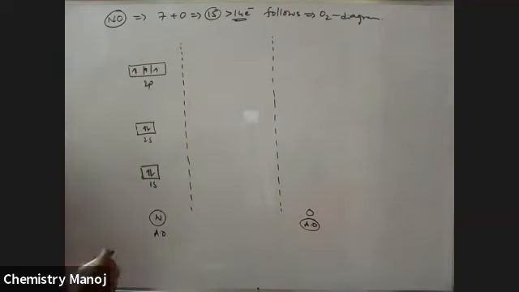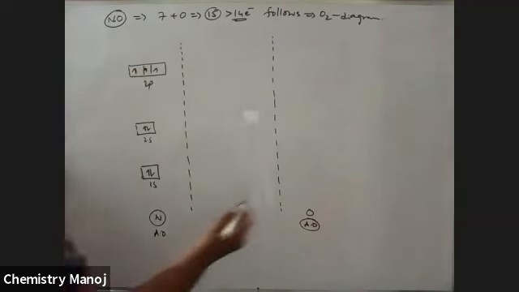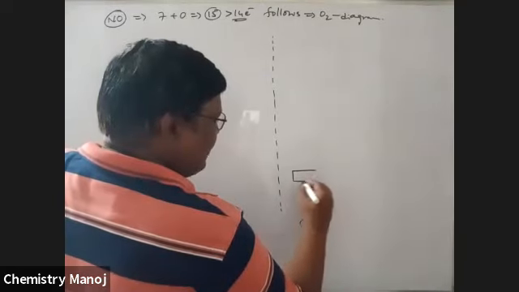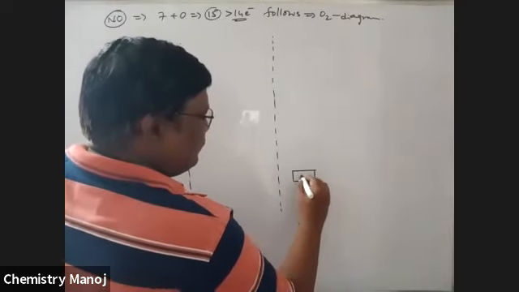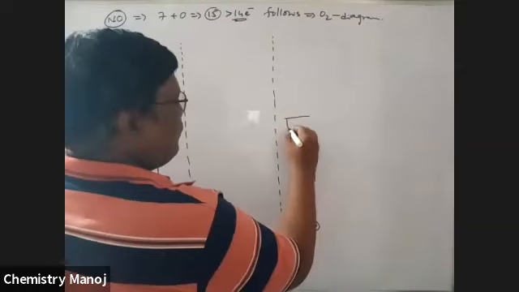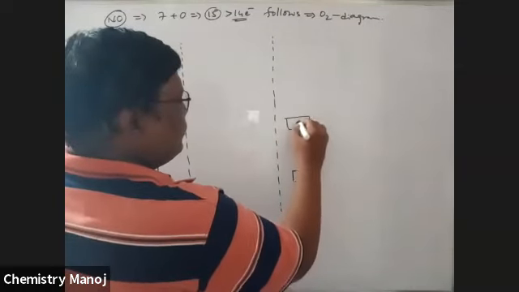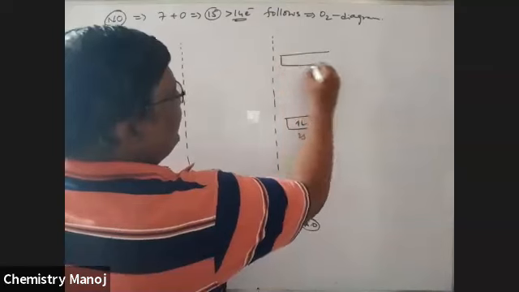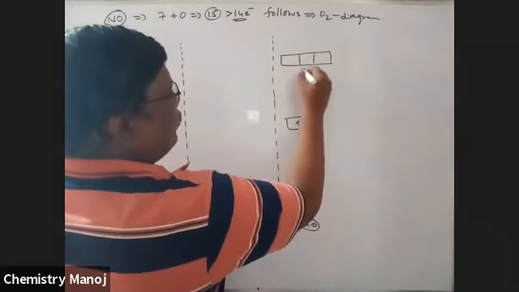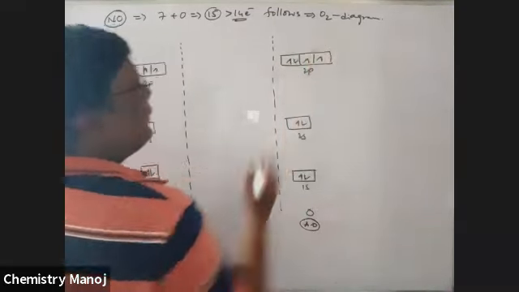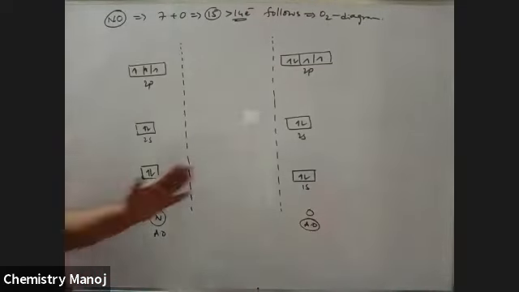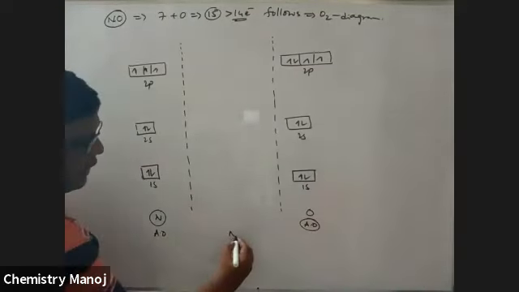Next, the electronic configuration for oxygen is 1s2, 2s2, 2p4. Nitrogen and oxygen combination gives NO.